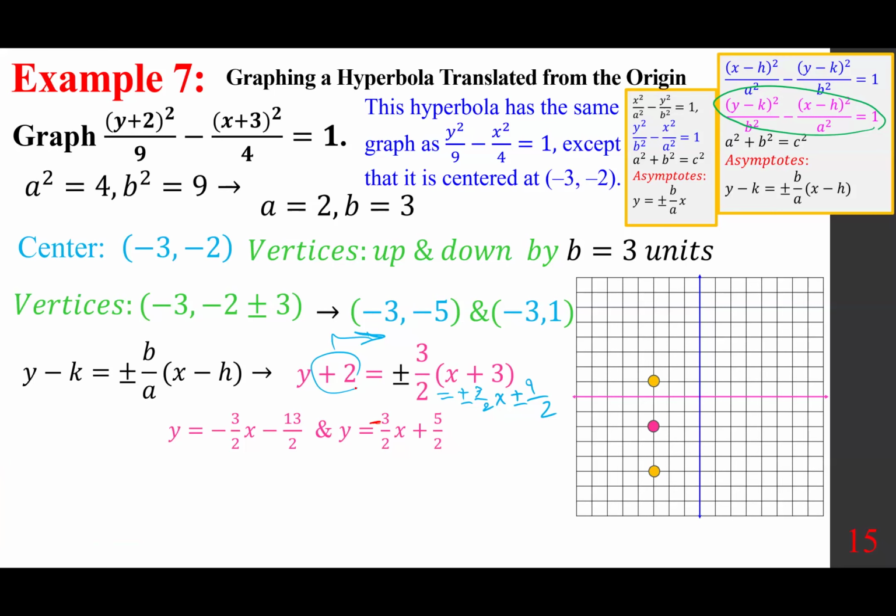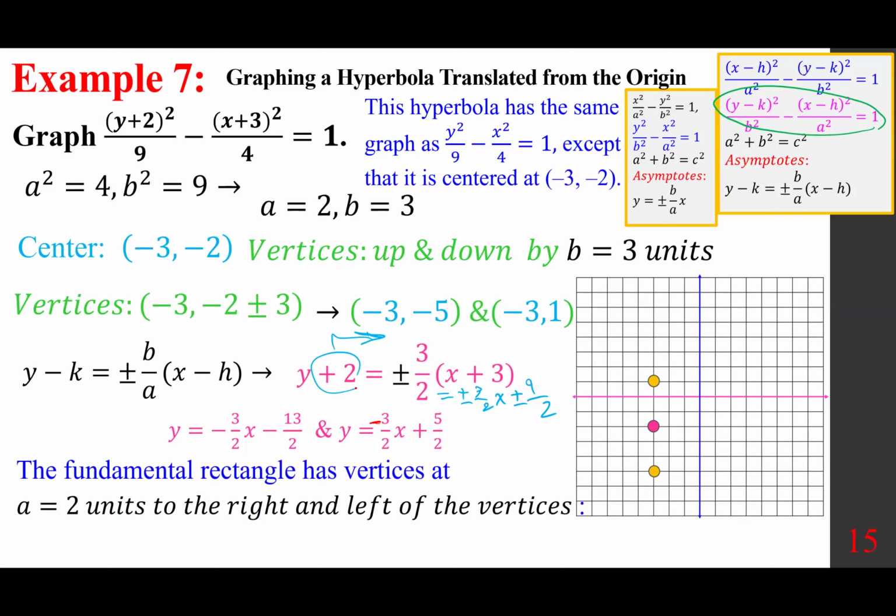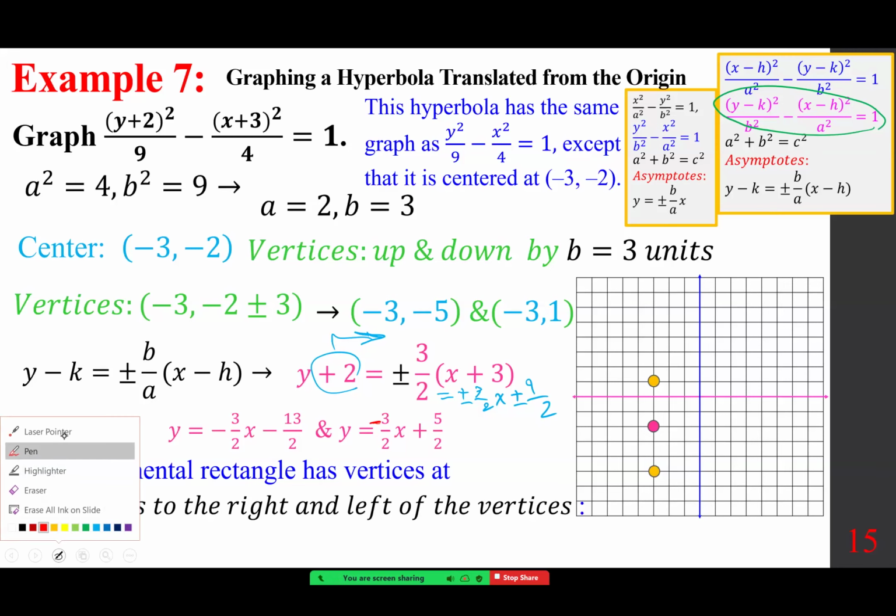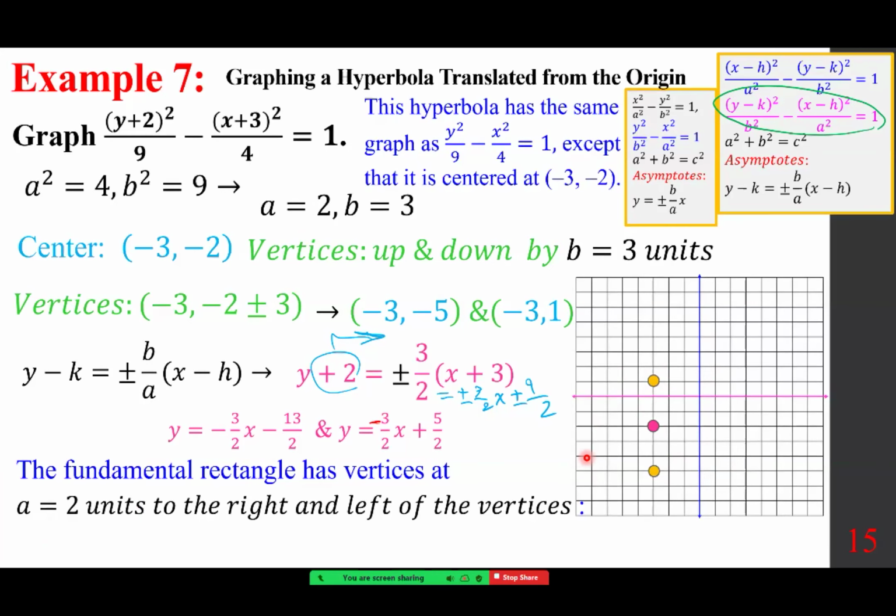Now, the fundamental rectangle has vertices at a units to the right and left of the vertices. So wherever the vertices are, look at a and go a units to the right and left, a units to the right and left.